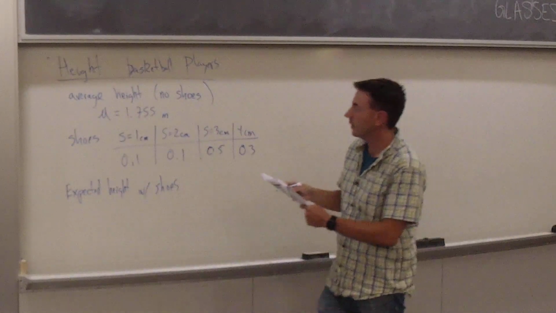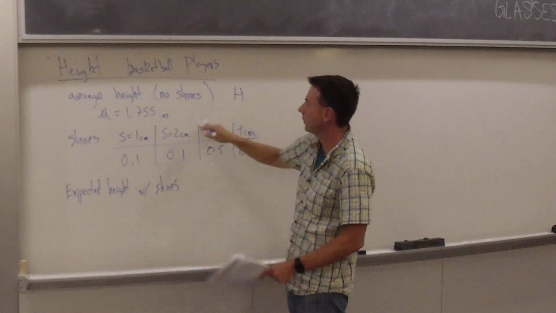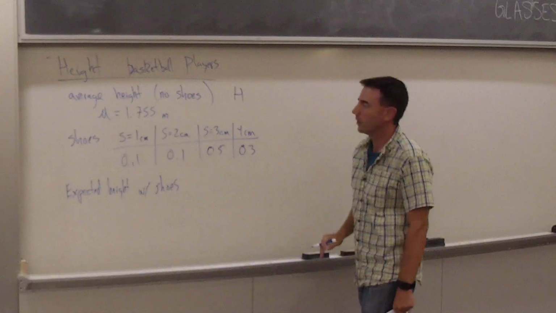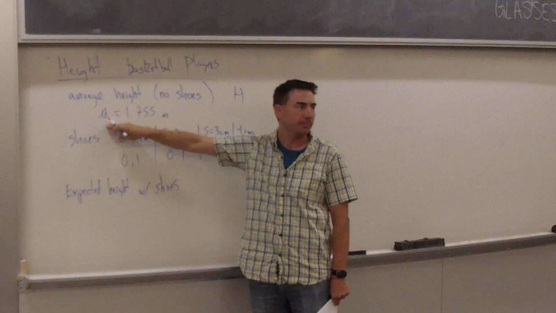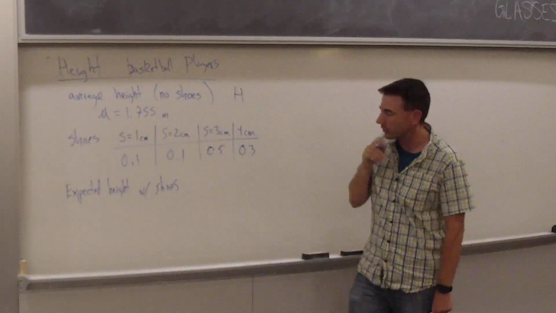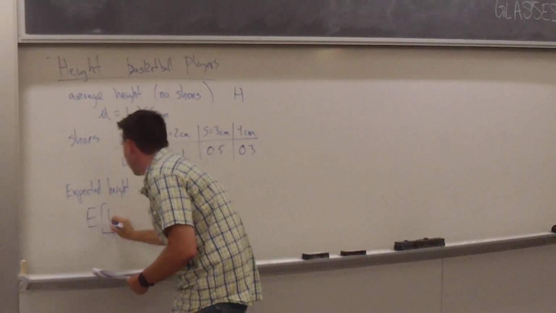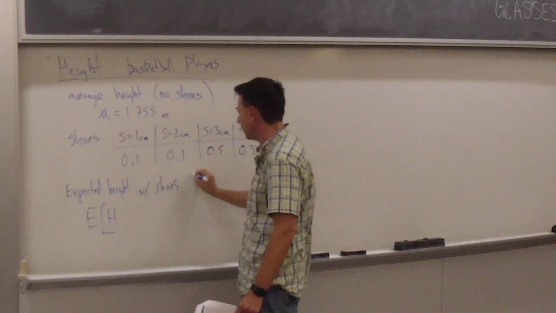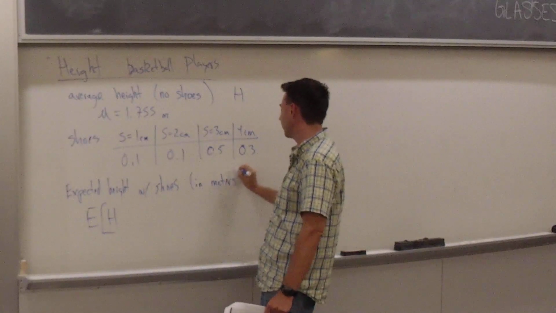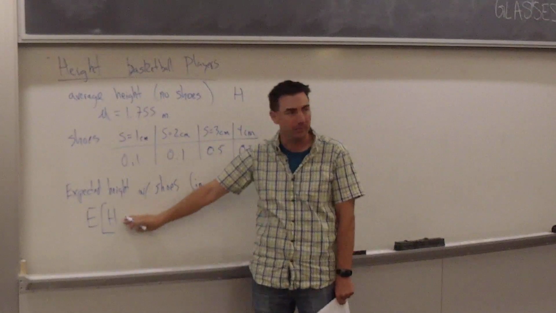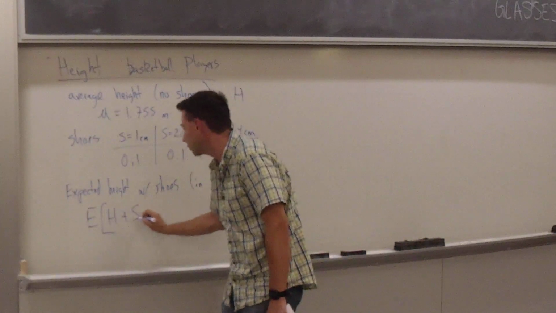The raw height is a random variable. Let's say it's a Gaussian distribution, and this is the mu parameter in it. Now I can say that the expected height in meters is the raw height plus the height for shoes, but this was in centimeters.